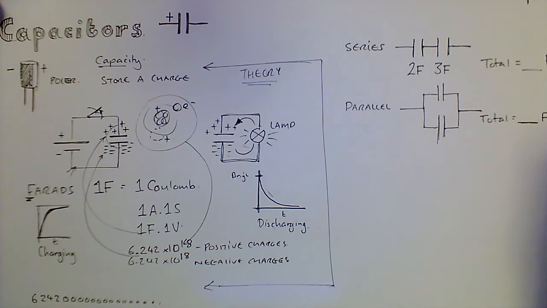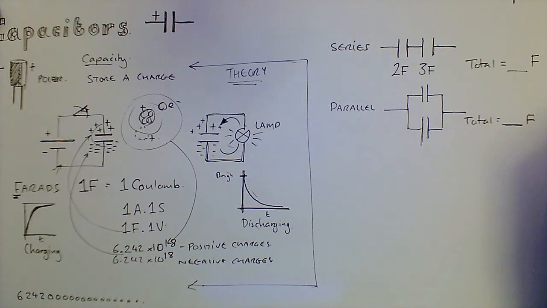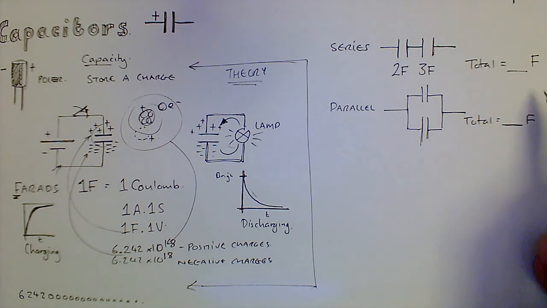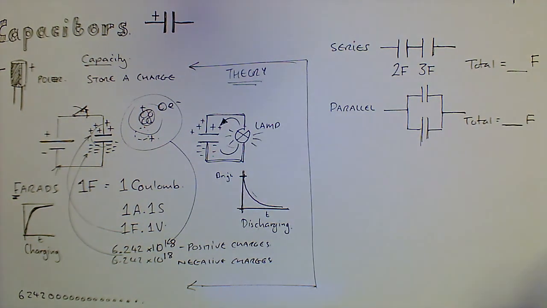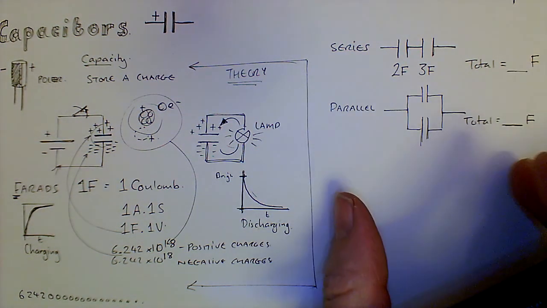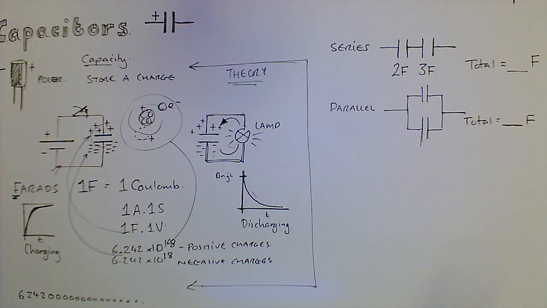So let's move that across. A little poser for you for the end of this video. How do you think you would solve those? And what we'll do in the next video is come back and look at the correct formula for working these out.